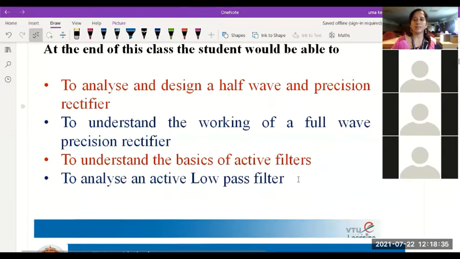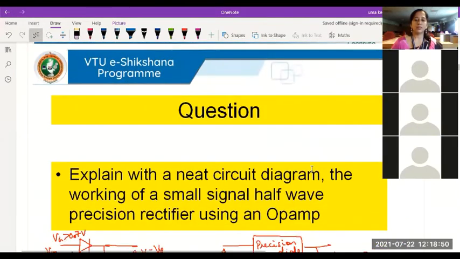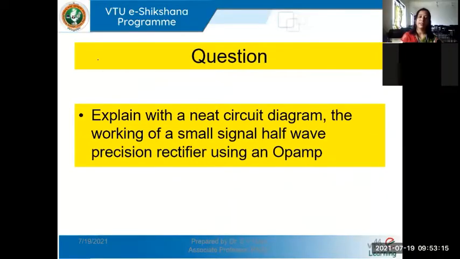And in that, let's study the working of low pass filter. First, let's study the behavior of the four types of filters, their frequency response characteristics, and then let's move on to low pass. So, next topic, that is precision rectifiers.